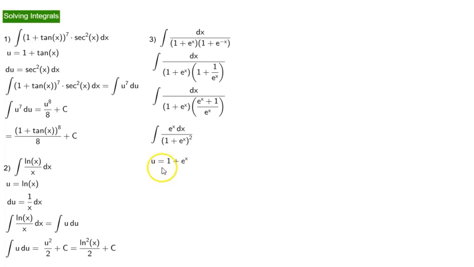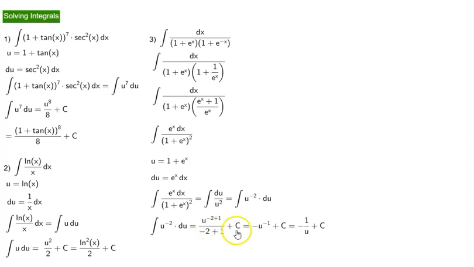And now we can do the substitution. u is equal to 1 plus e to the power of x. So du will be e to the power of x dx. After substitution, it becomes integral du by u square, which is equal to u to the power of minus 2 times du. And that is equal to minus u to the power of minus 1 plus c.